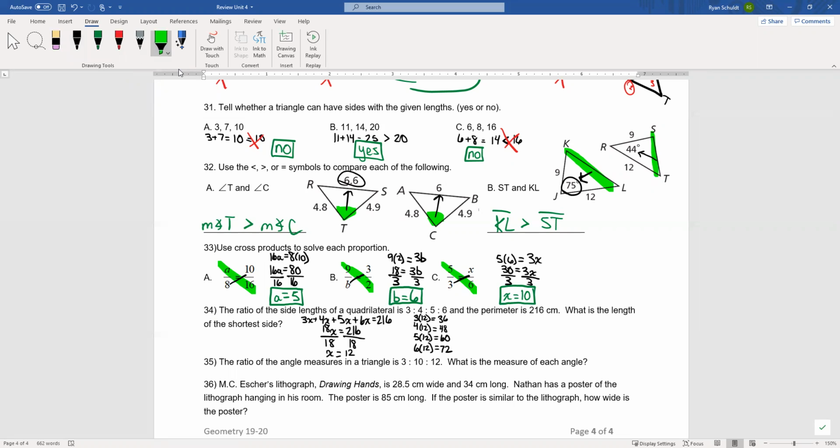Now, the question says, what's the shortest side? Well, that's going to be our 36. So we'll say 36 centimeters. That's our shortest side.